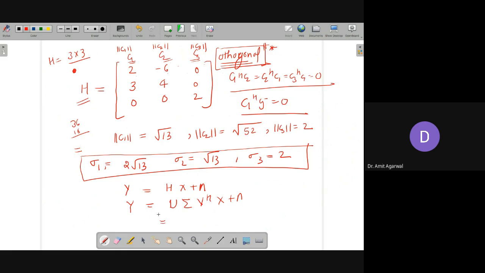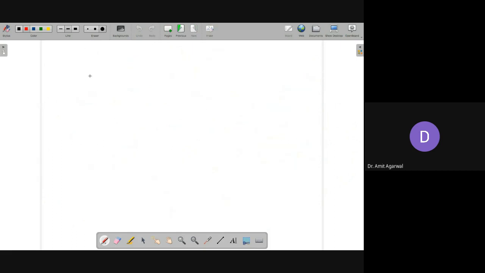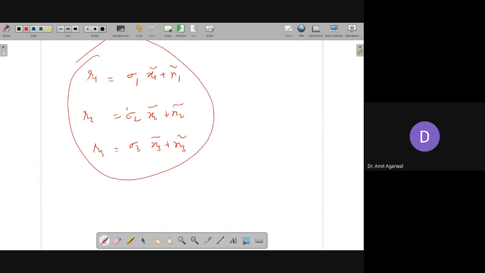And because you are doing the post-processing as well as pre-processing, you will receive some R like this, which is I. Now, how can you write your effective received signal? Ri is equal to sigma i Xi tilde plus Ni tilde. Correct? So this is your received signal.